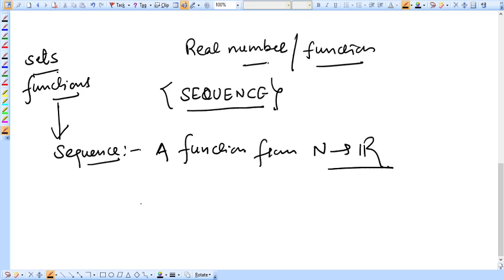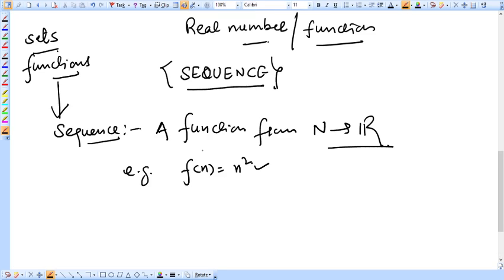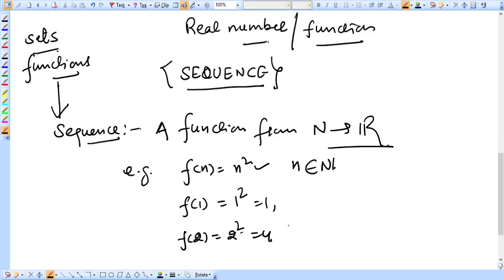For example, if you define f(n) is equal to n squared, here n is a natural number. So you can see from here f(1) is equal to 1 squared, that is 1. f(2) is equal to 2 squared is equal to 4.